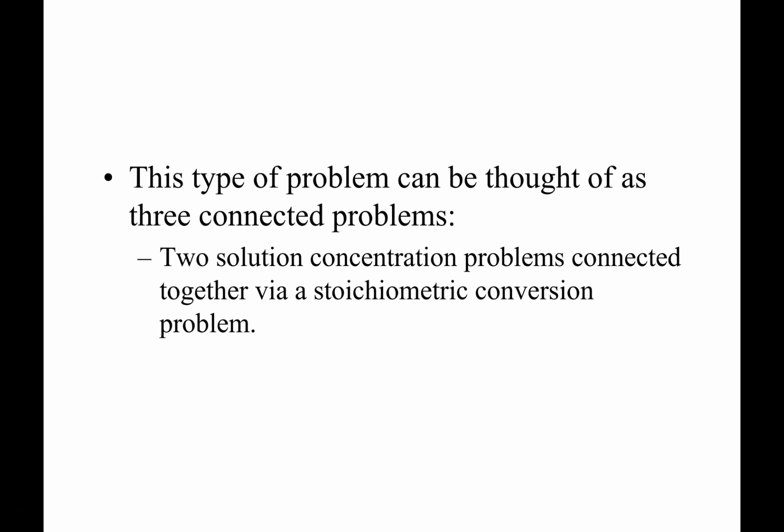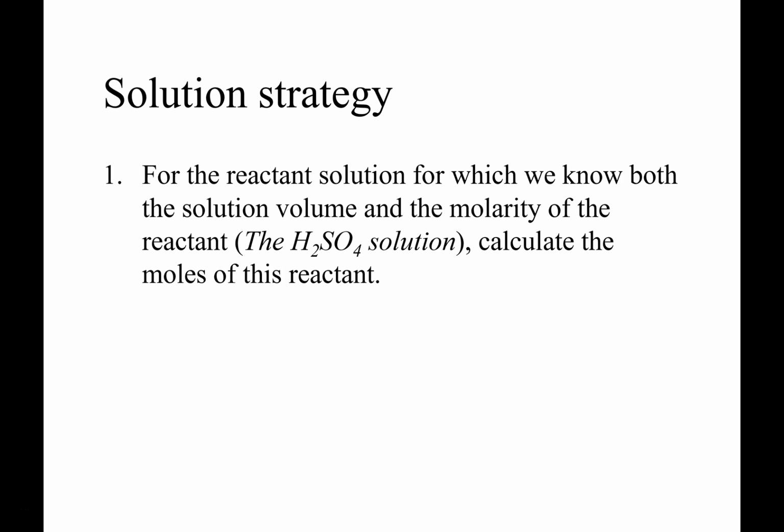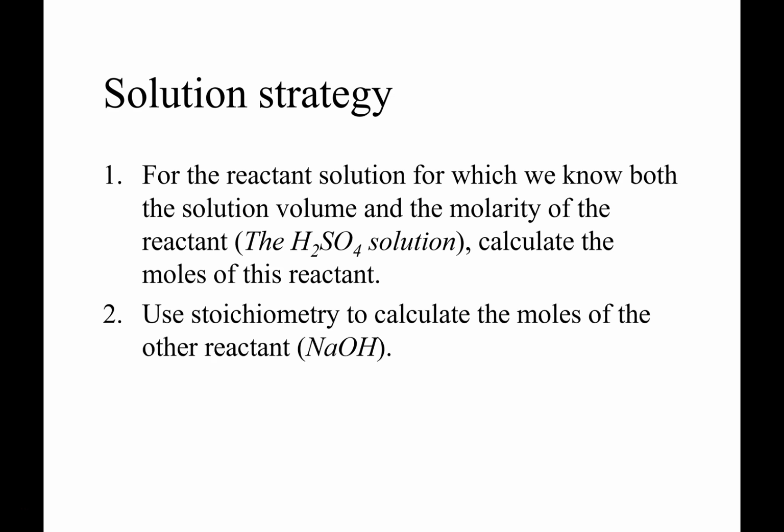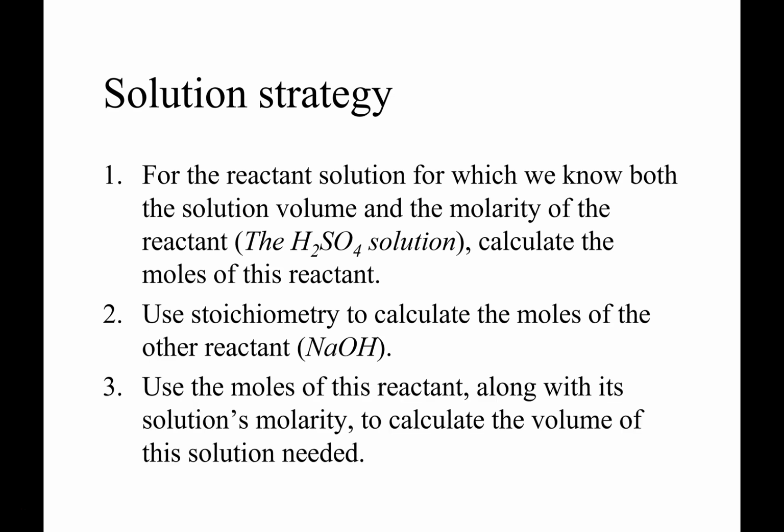And once I have moles of NaOH, I can use molarity to knock out volume. So it's kind of like a circular thing. There's kind of 3 different problems, and I usually keep it separate as 3 problems. We use the molarity and the volume of H2SO4 to get to moles, use stoichiometry to get from moles of H2SO4 to moles of NaOH, and once we have moles of NaOH, we can use molarity to knock out volume.